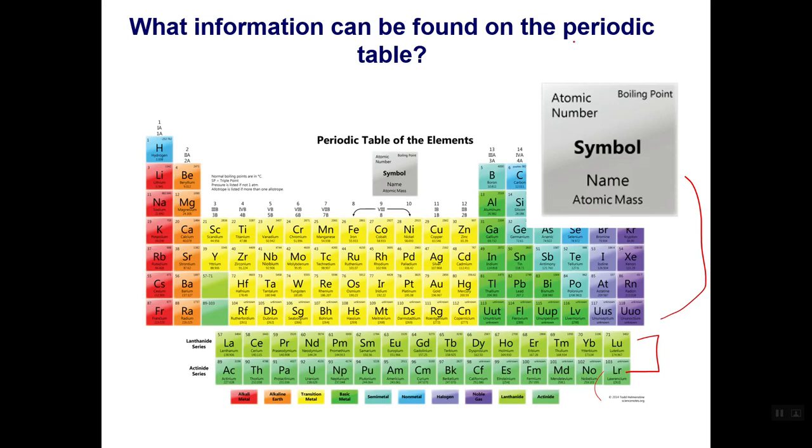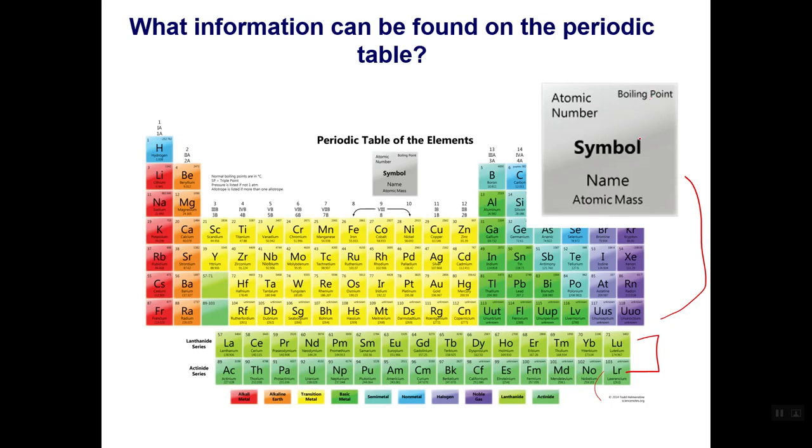Each square is going to have the atomic number, we'll talk about what these are in a second. At the top left-hand corner, it's going to have the atomic symbol. It will have the atomic name, the atomic mass, and this particular periodic table also includes the boiling point.